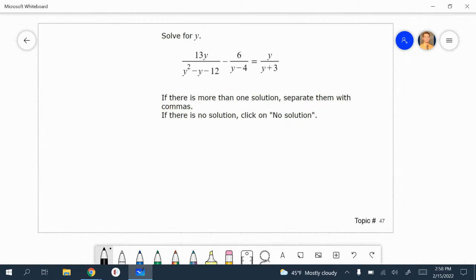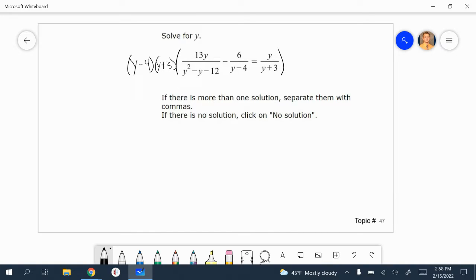Topic number 47. Again, I'm not going to get too deep into this because I want to keep the video short, but I know that this quadratic would factor into these two terms. So I'm going to multiply this by y minus 4 and y plus 3.